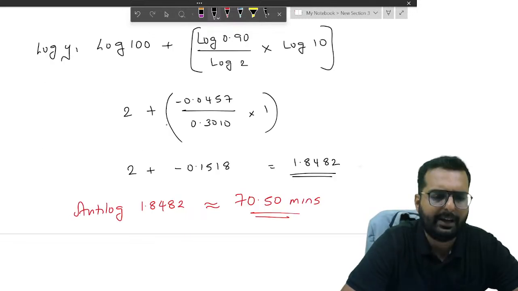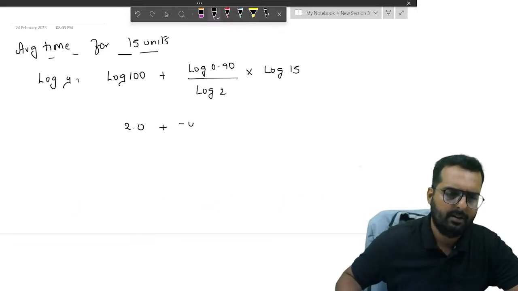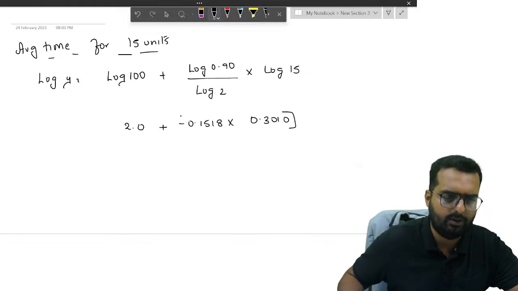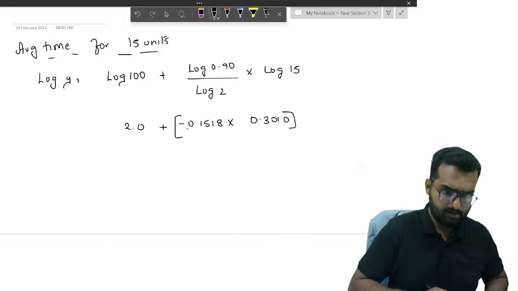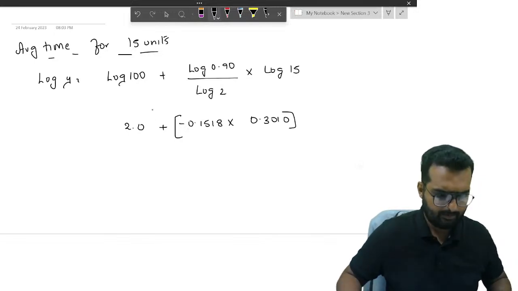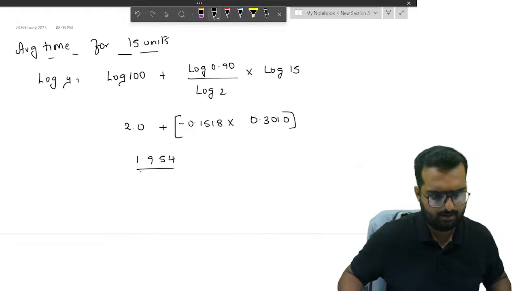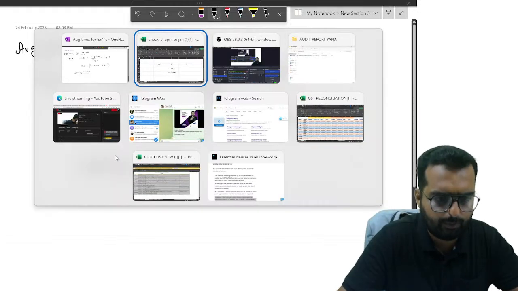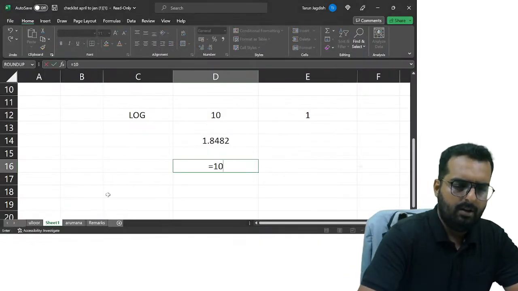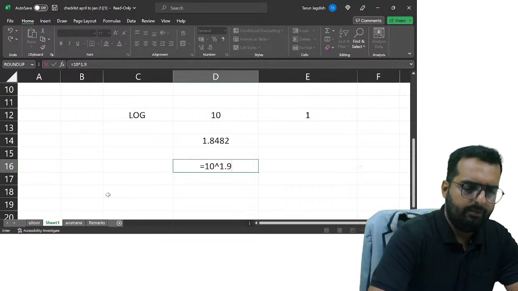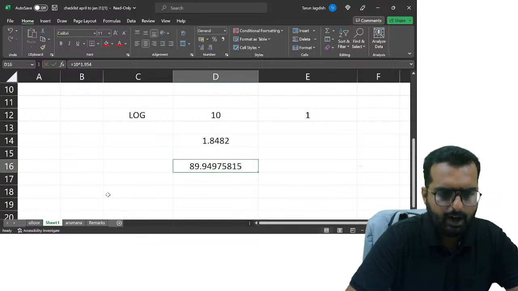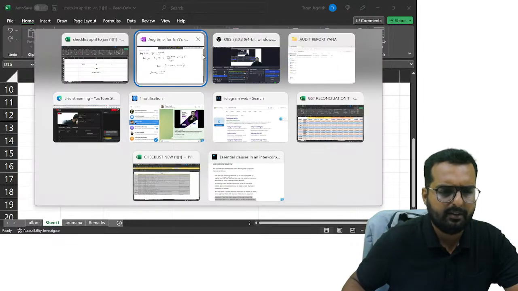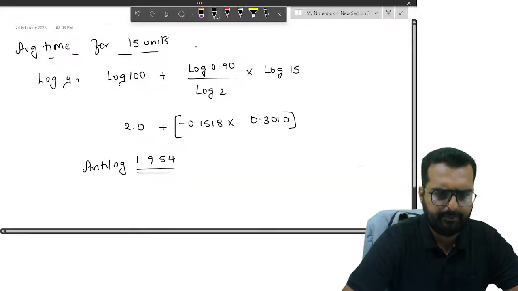I think we got the answer as minus 0.1518 into log 2, which was 0.3010. So we have to find the anti-log of this one, 1.954. I get the answer as 89.94 minutes.